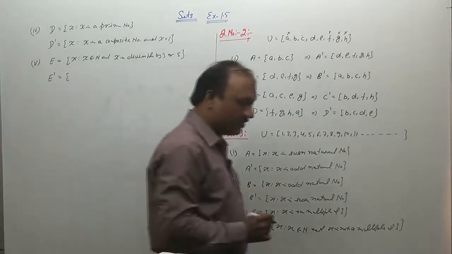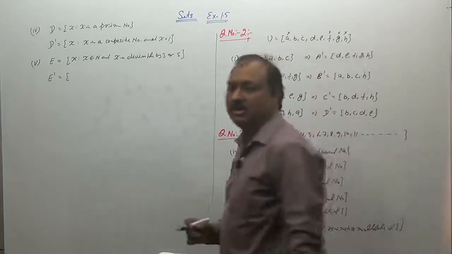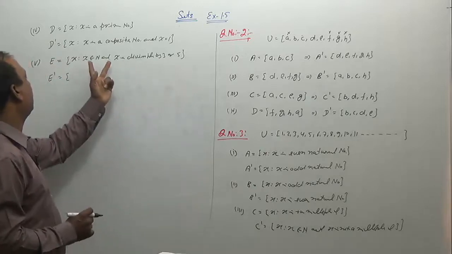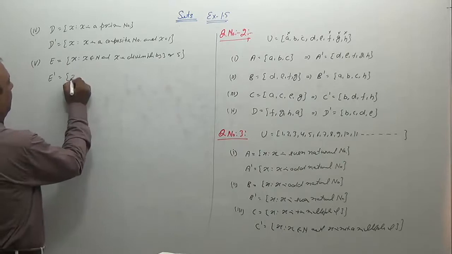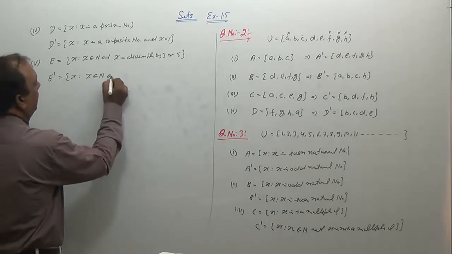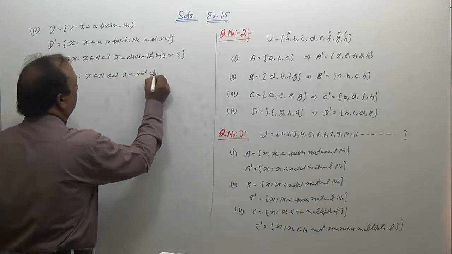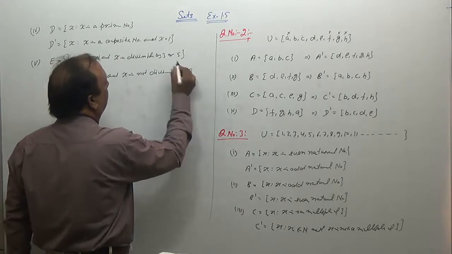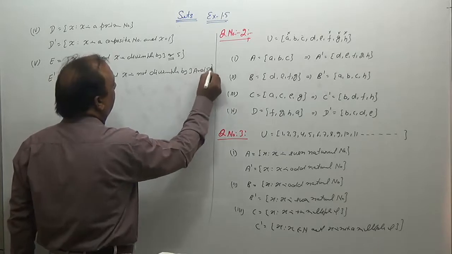So its conjugate is the set of natural numbers which are not members of the set E. So we can write X such that X is a natural number and X is not divisible by 3, and convert this 'or' into 'and', and 5.